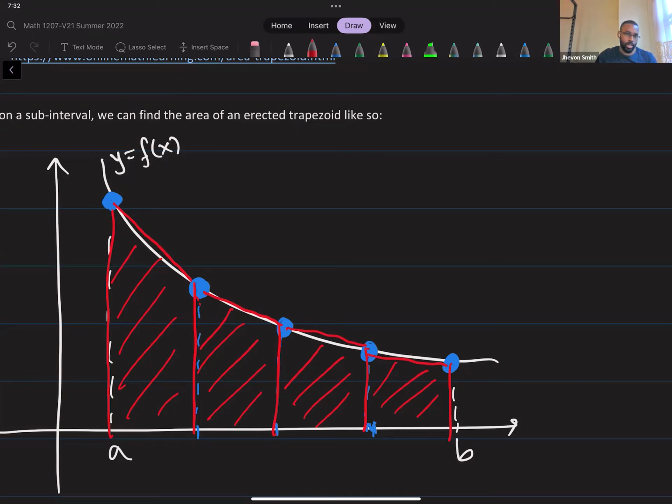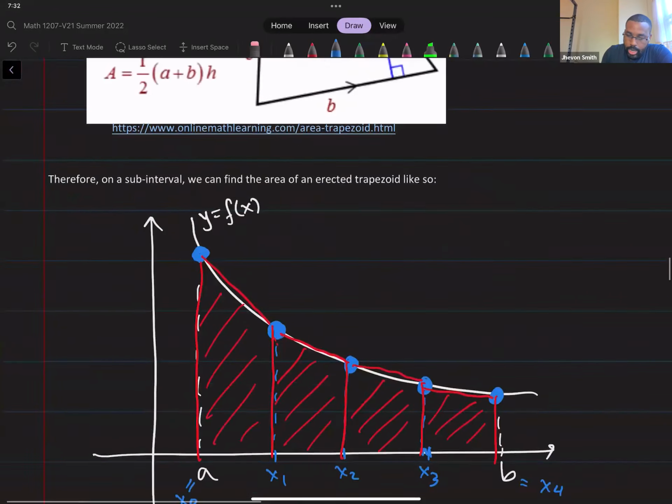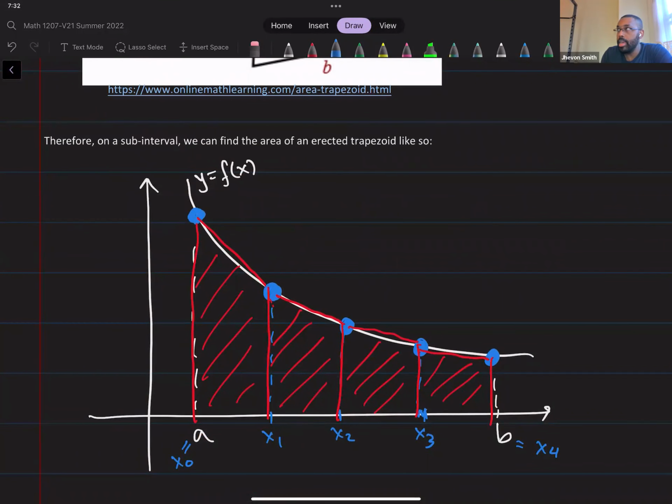So let's say this is x0, this is x1, x2, x3, x4, and I want to find the area of this one. Now remember, the distance between these is delta x, and it's going to be delta x for all of them.